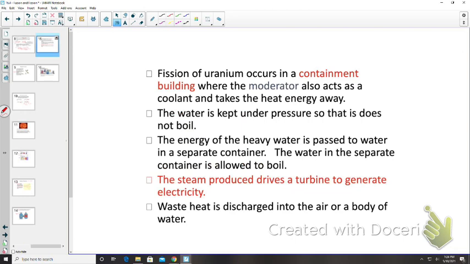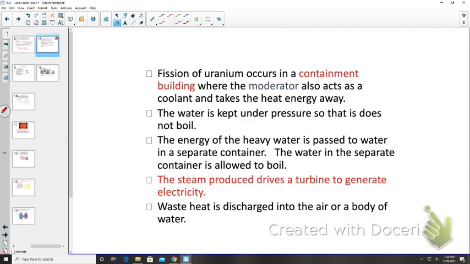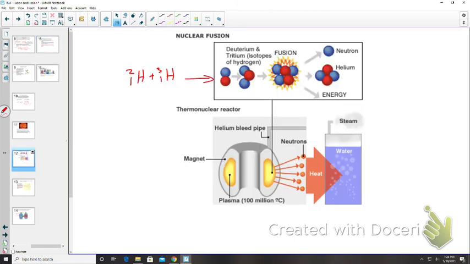So the water is kept under pressure in that one containment like I just talked about. That water is kept under high pressure so that it does not boil. And then the energy of the heavy water is passed to water in a separate container. This is where the water will boil and generate steam, like we saw in this image.